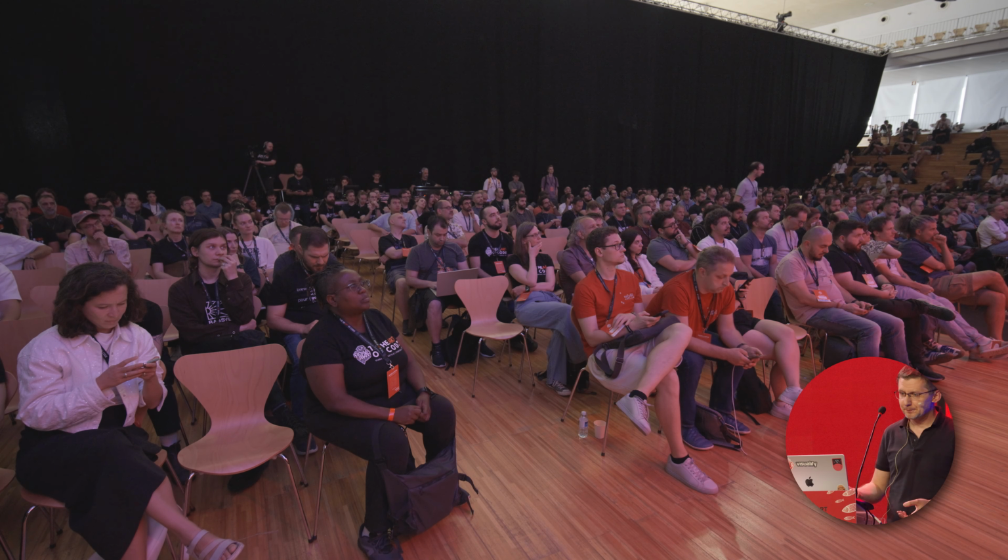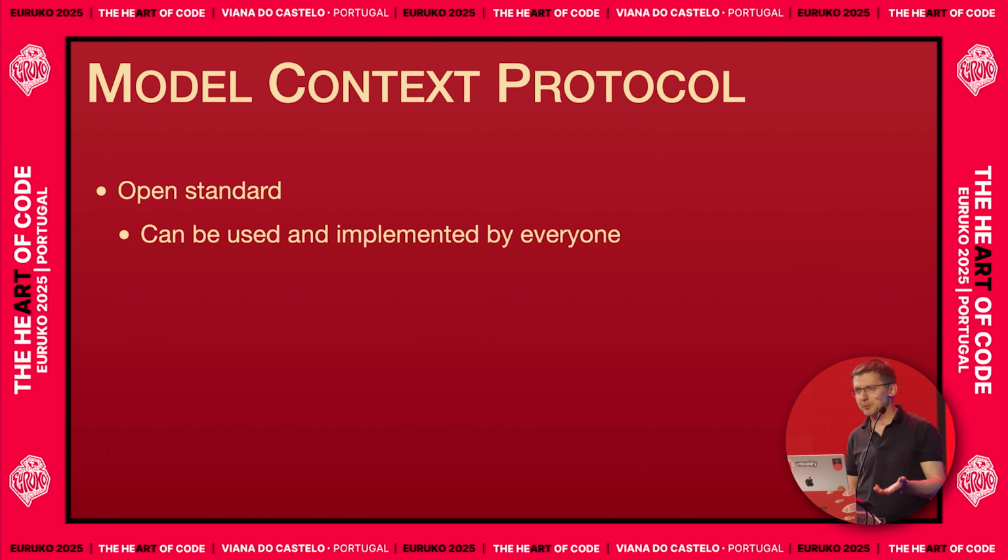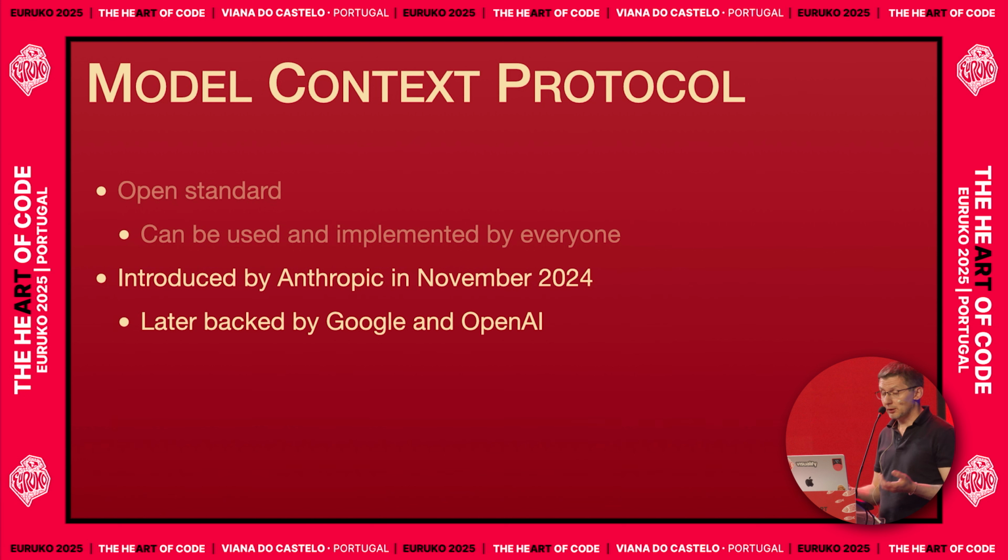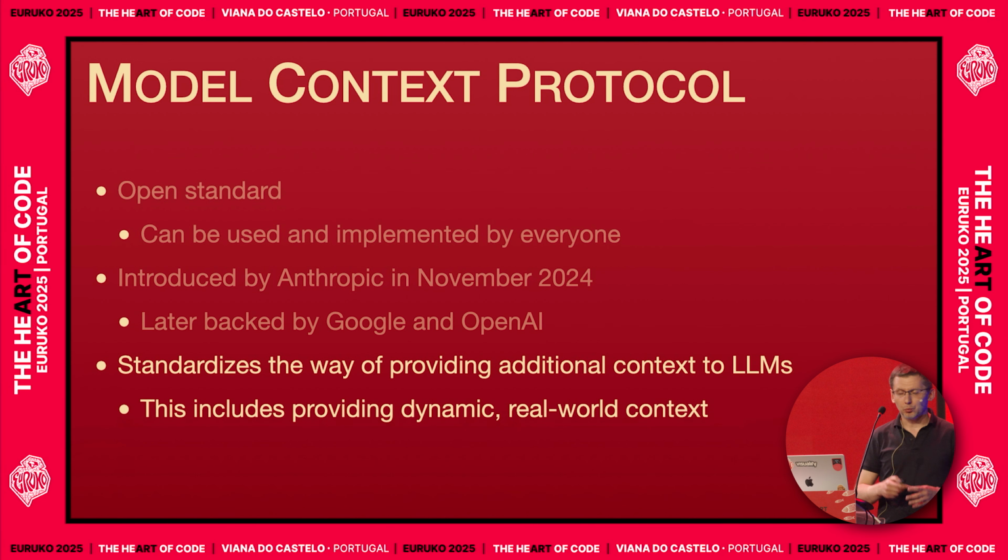So what's MCP? It's an open standard. That means it can be used and implemented by any of you. It was introduced last year in November by Anthropic, and once it got some traction, it was backed by the biggest players, by Google, by OpenAI. There are so many one-liners on the internet saying what MCP is, and honestly, none of them is true or accurate or explains anything.